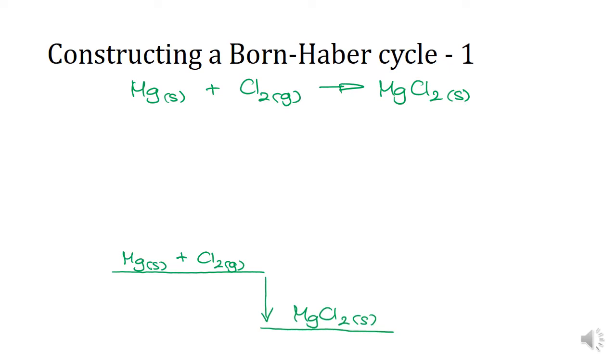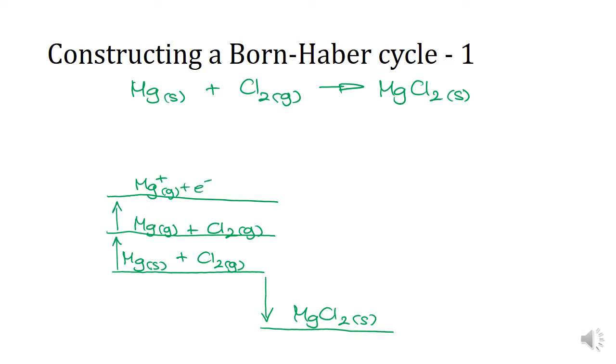The first thing I need to do is take my solid magnesium and turn it from being a solid to being a gas. What I then need to do is remove one of my electrons from my magnesium. I then need to remove the second electron from my magnesium.